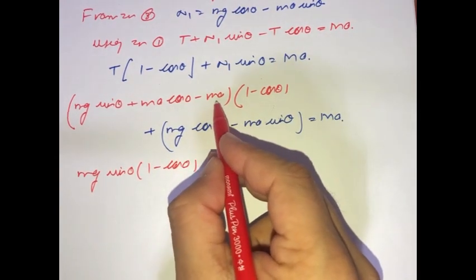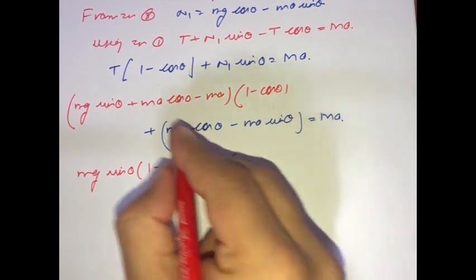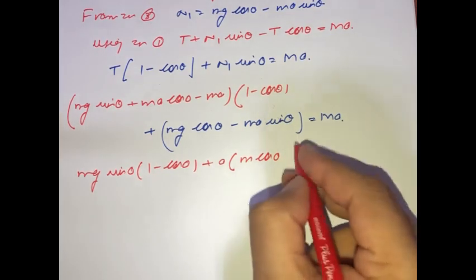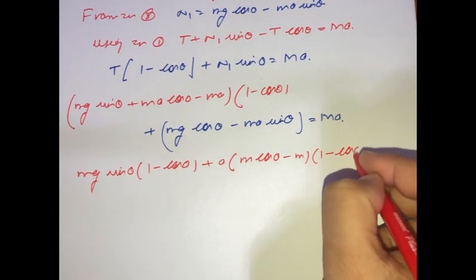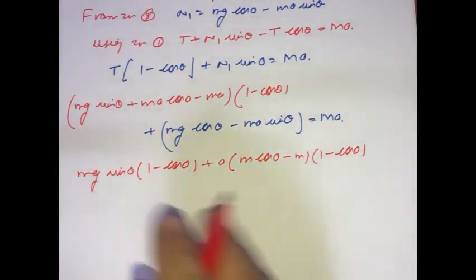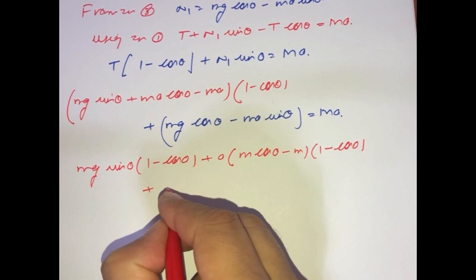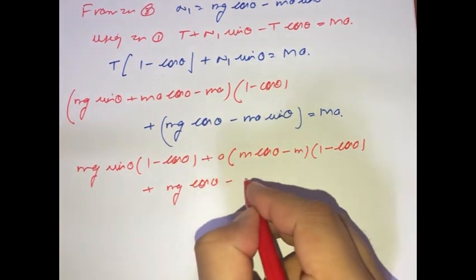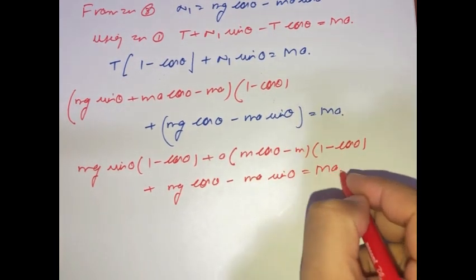From here we can take a as common, so this will be plus a, and we get m cos of theta minus m into 1 minus cos of theta, plus we have mg cos of theta minus ma sin of theta is equal to ma.